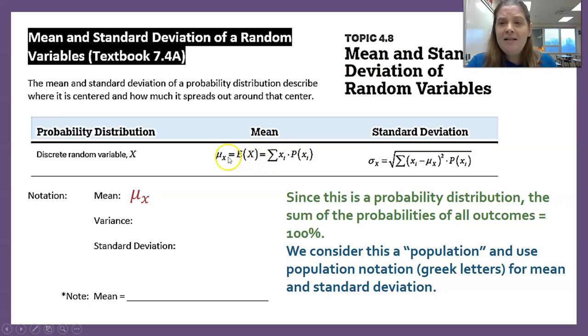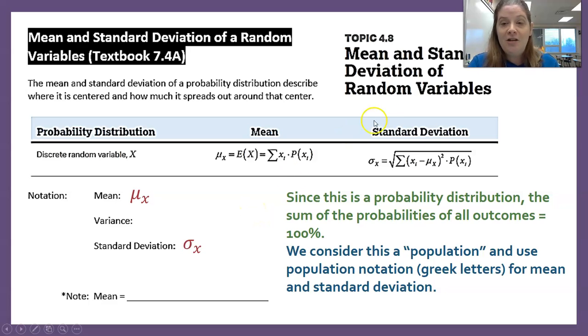Now, to find the mean of x, the mean of a probability distribution, this says take the sum of every x times its probability. All this is saying, take every x value times the probability of getting that x value. There's this E of x here, which means expected value of x. What would we expect to get if we did this random experiment?